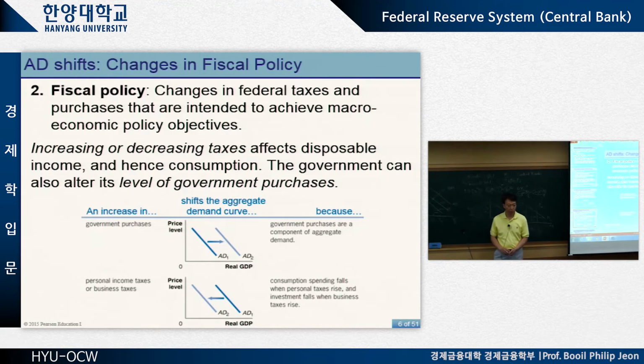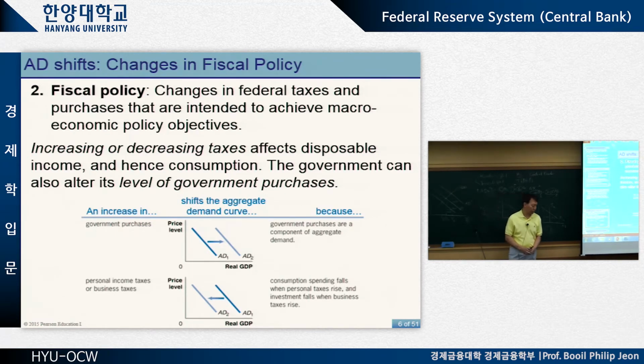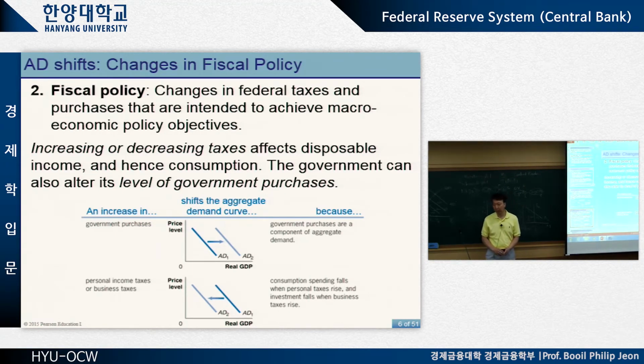People don't know what's going to happen to the price level next year or a few years later, so they will be reluctant to engage in long-term commitments. And in business, everything is a contract: the employment contract, supply contract, or whatever. So high inflation is not good for the economy.